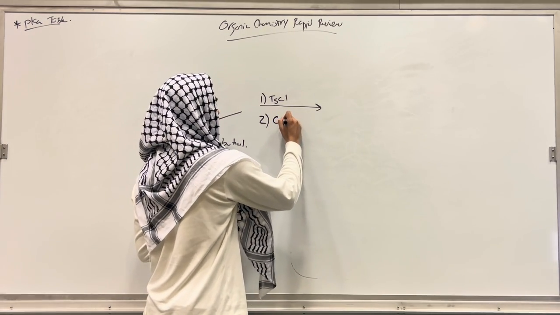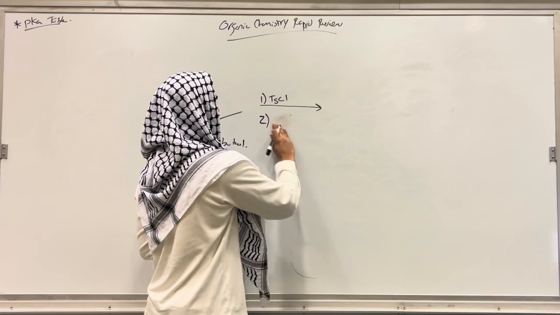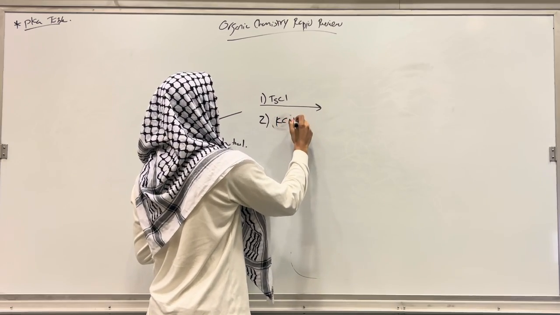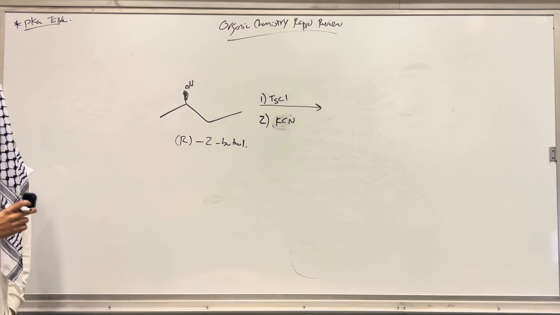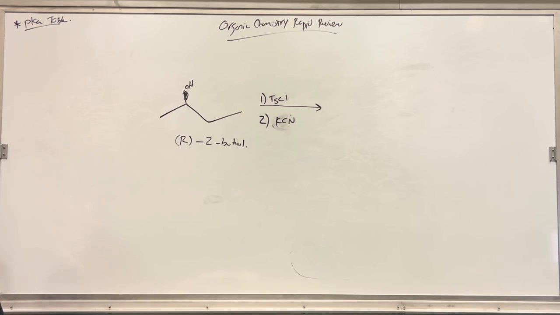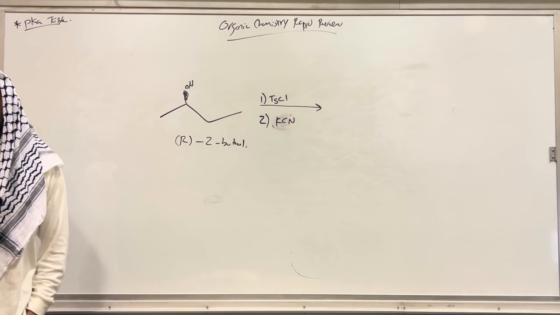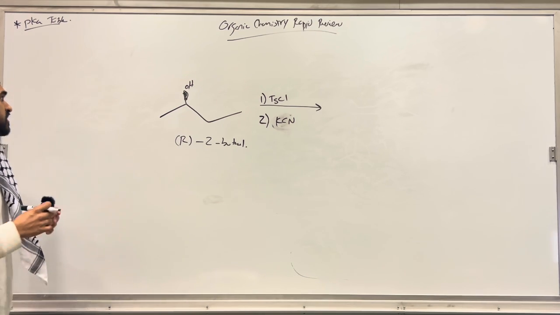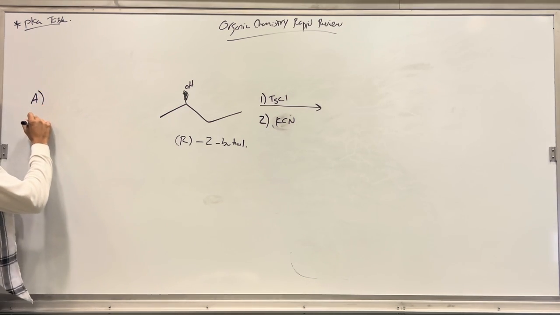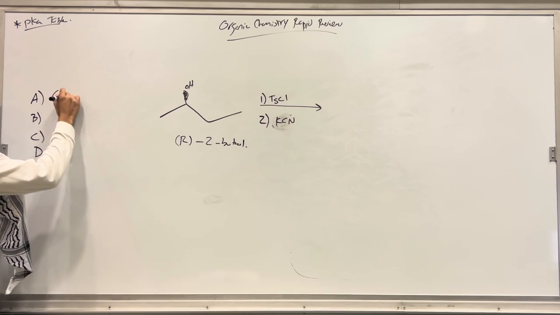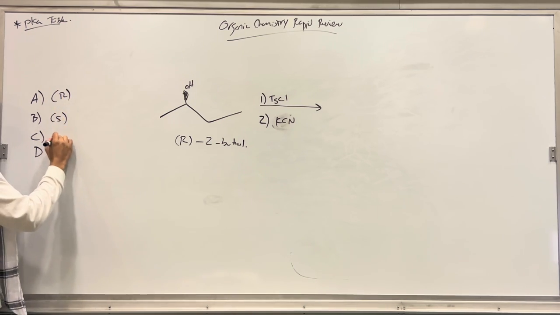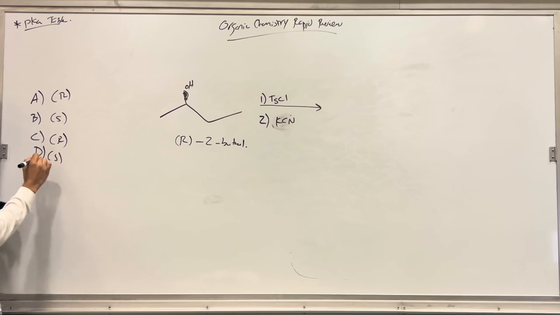Cyanide, KCN. You added tosyl chloride and KCN, and they ask, what is the name of the product? Answer choices A, B, C and D look like R, S, R, S. What are you picking? Why?